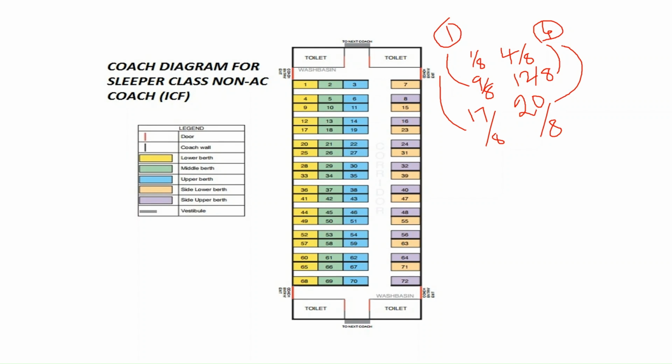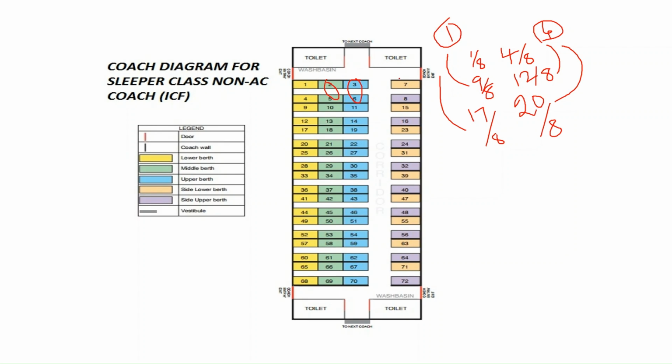Similarly, when you divide the seat number by 8, if you get a remainder of either 2 or 5, then it is a middle berth. If you divide the seat number by 8 and the remainder is either 3 or 6, then it is an upper berth.